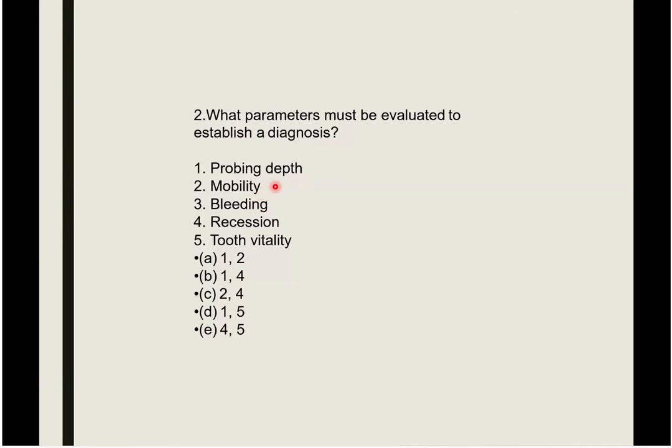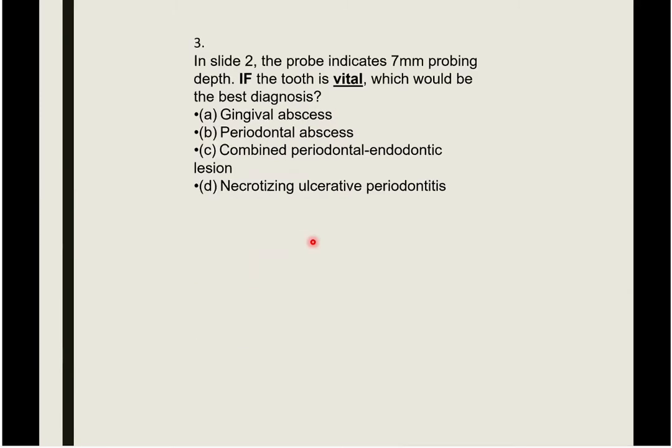Mobility wouldn't really help you distinguish endodontic versus periodontal. Bleeding probably wouldn't either, nor would recession, but certainly vitality testing would. That's why 1 and 5 would be the best choice. So 1 and 5, tooth vitality and probing depth, would be important.